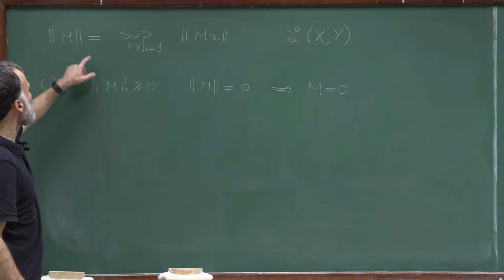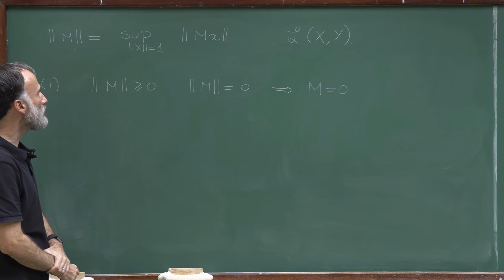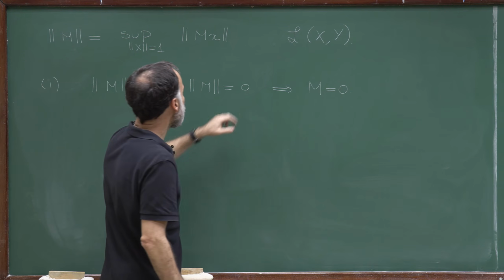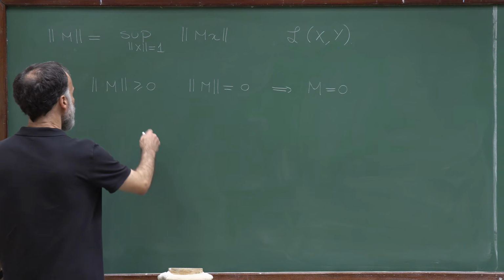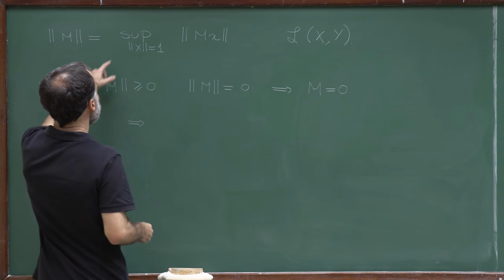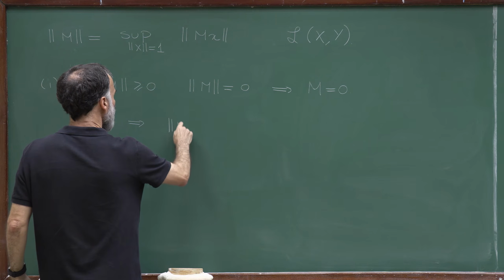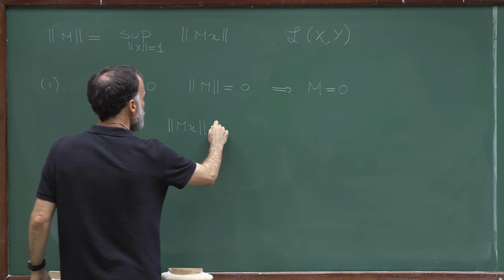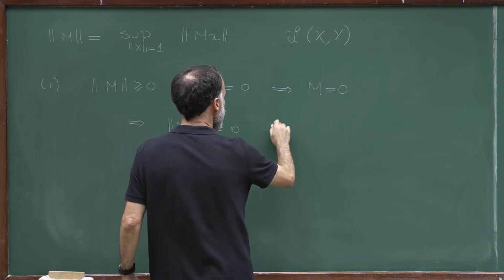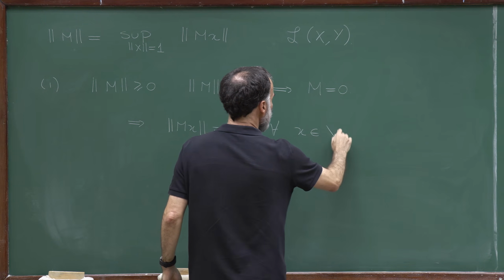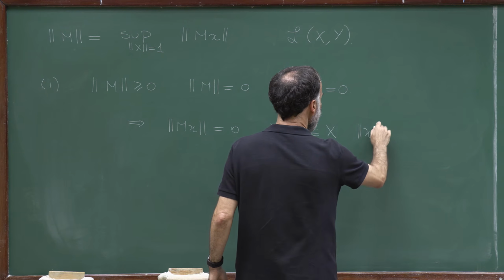Well, that it's non-negative is clear from the definition. Now assume that the norm of M is equal to 0. This supremum being equal to 0 means that Mx is equal to 0 for all x in X whose norm is equal to 1.